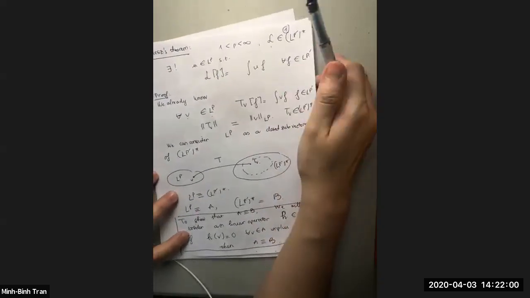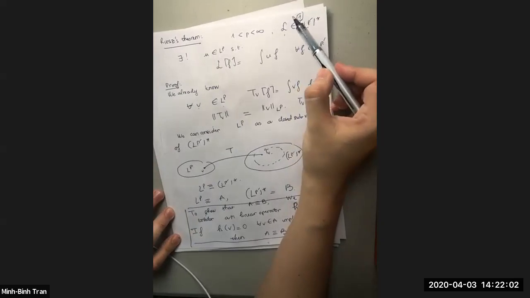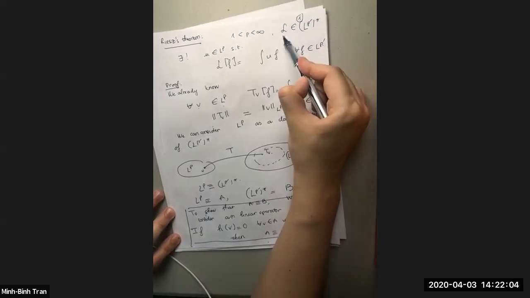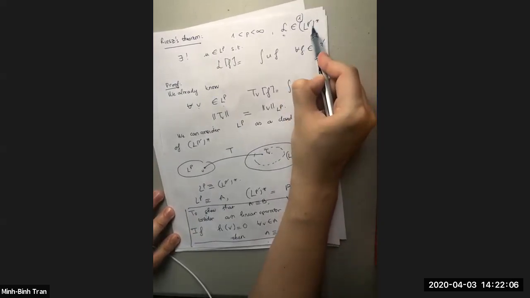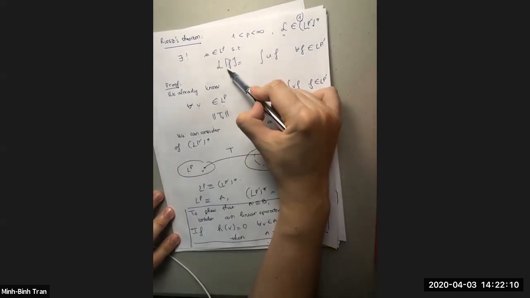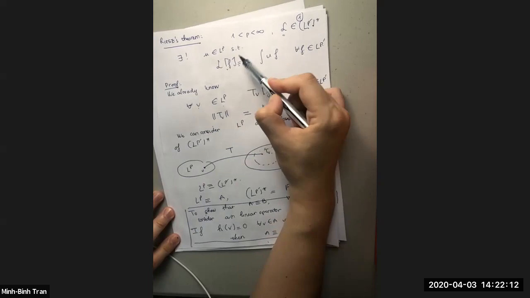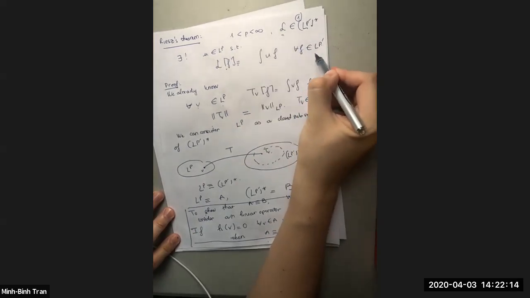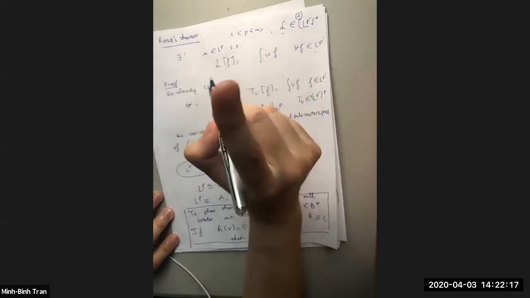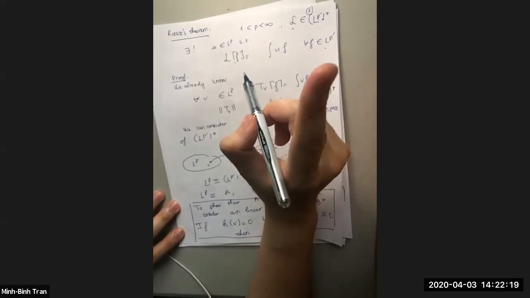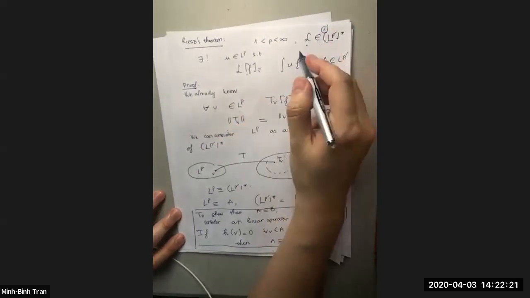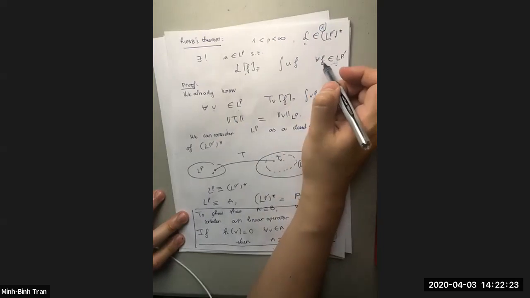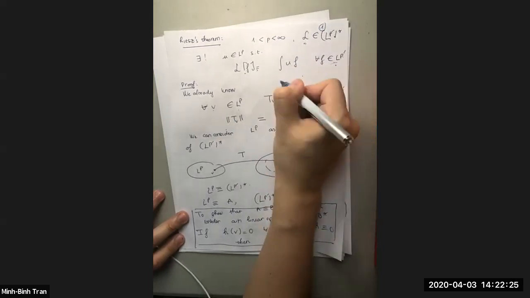So what is the Riesz theorem? The Riesz theorem says that if I pick a linear operator on L^p', so this linear operator will be acting on all of the functions f in L^p', then there is only one unique representation of this linear operator, which is of this form.